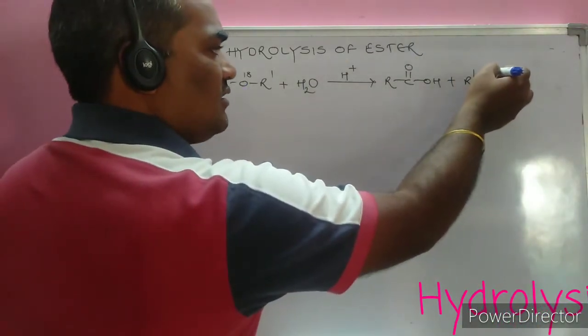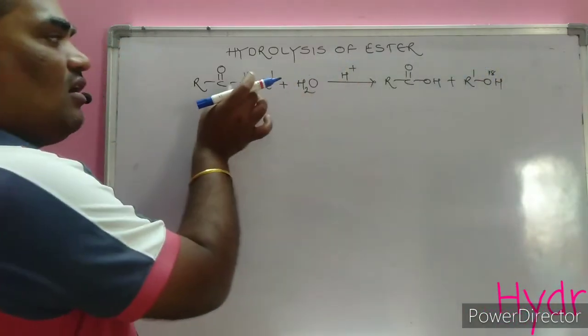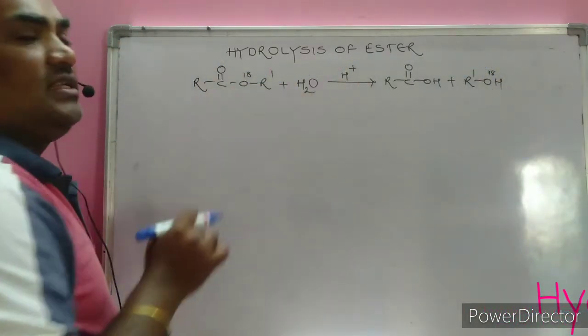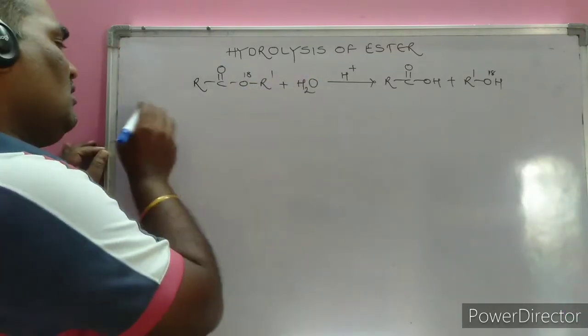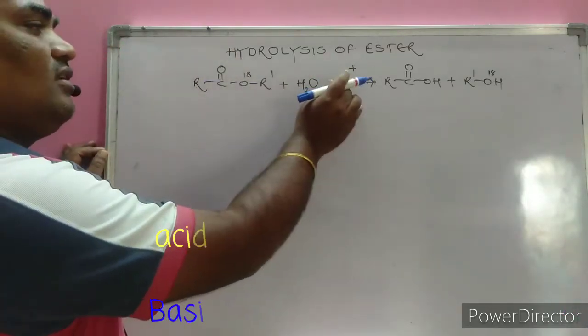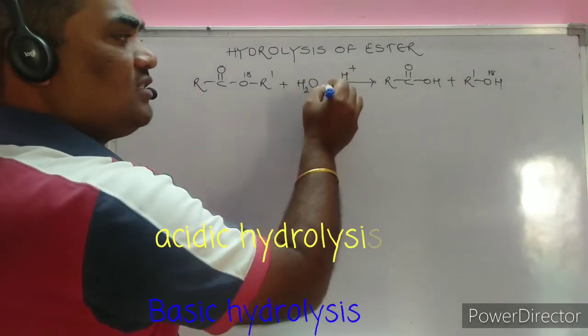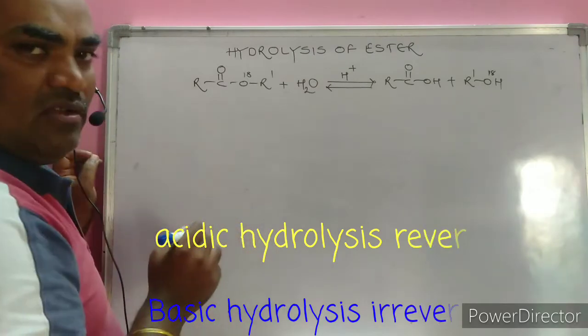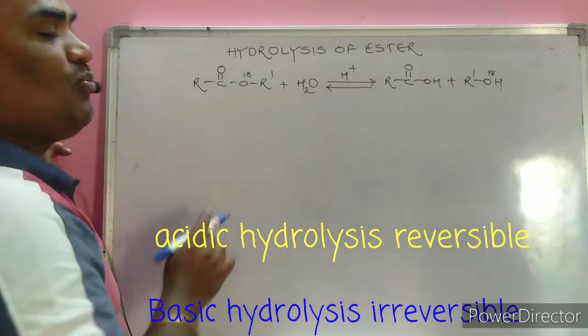Here always the alcoholic oxygen atom, the oxygen in the alcohol, is from the ester group but not from the water molecule. Now the acid hydrolysis, or acidic medium hydrolysis of the ester, is a reversible reaction, whereas the basic medium hydrolysis is an irreversible process.